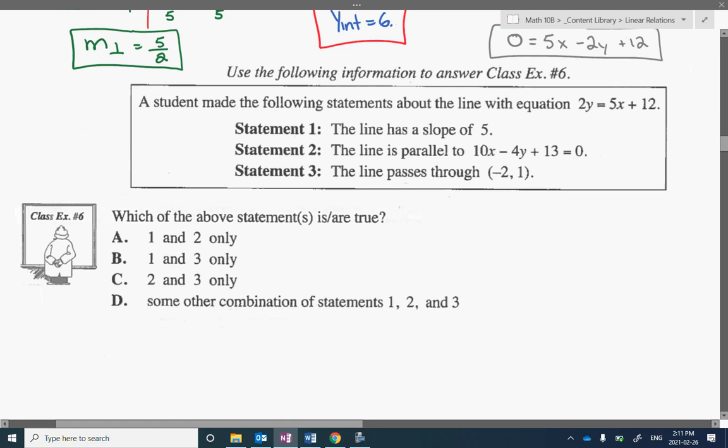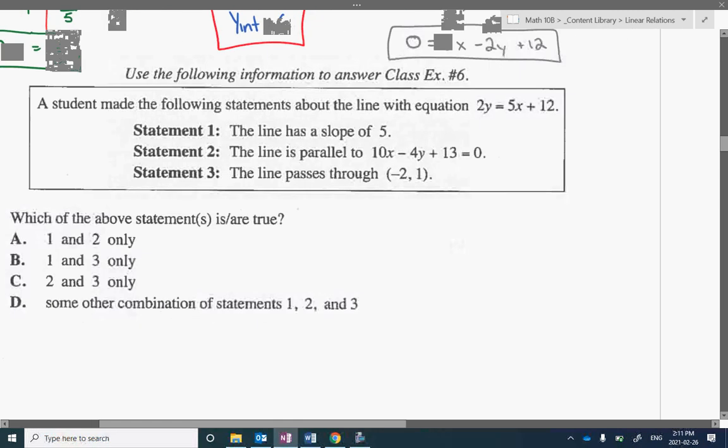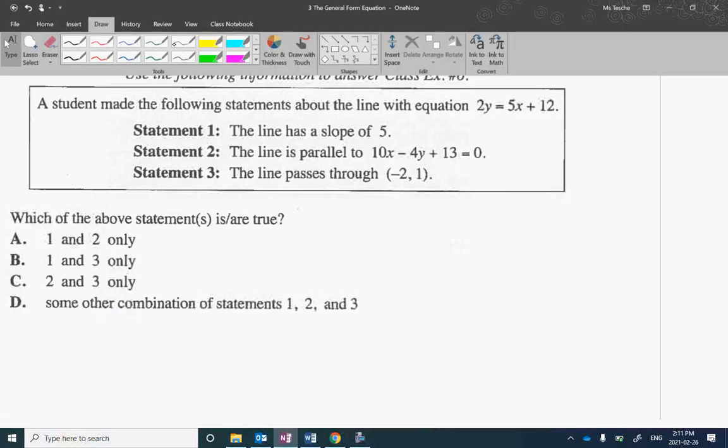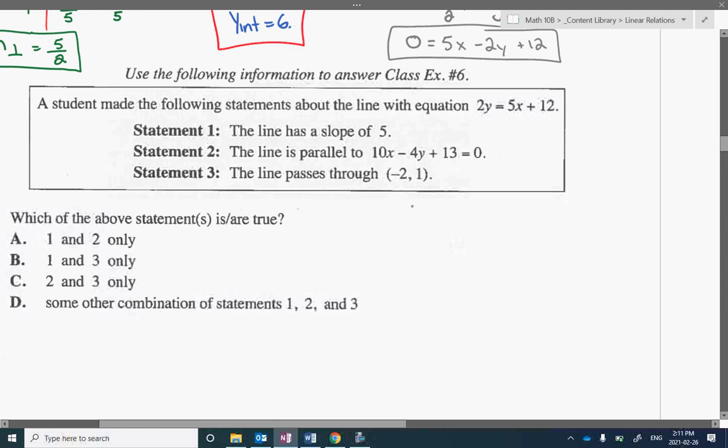So we're going to go through this carefully. First step, solve for y. If we have 2y equals 5x plus 12, to solve for y I'm just going to divide everything by 2. What is the slope of this line?